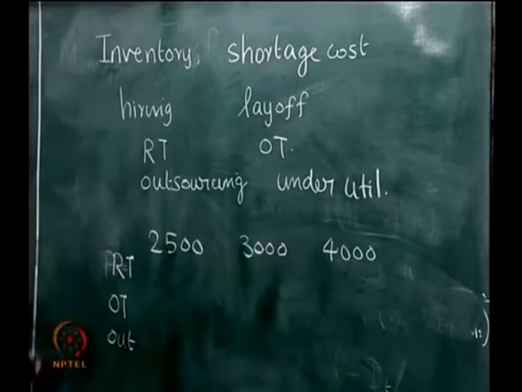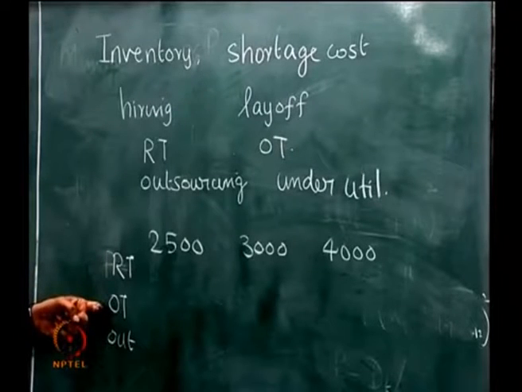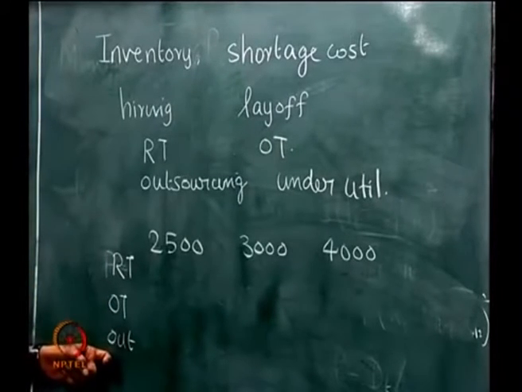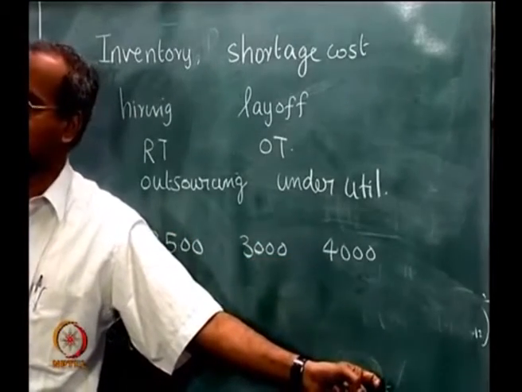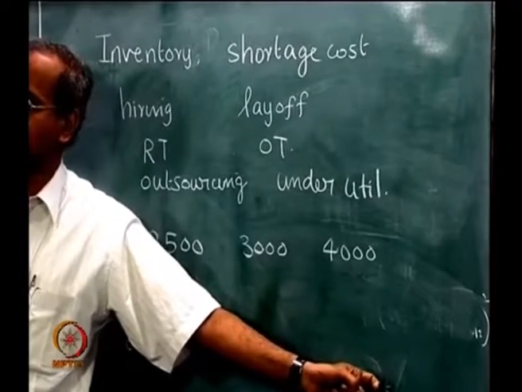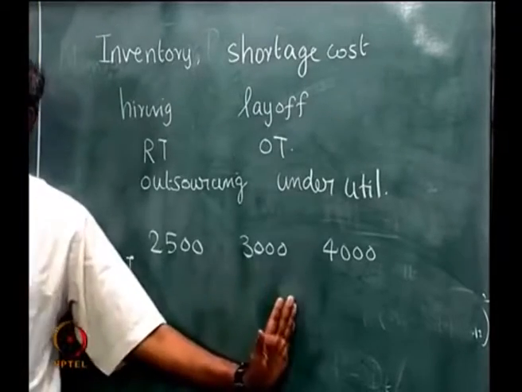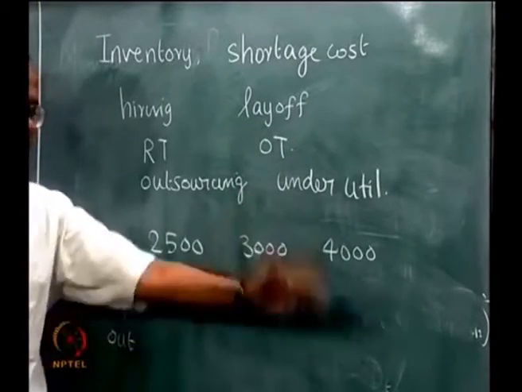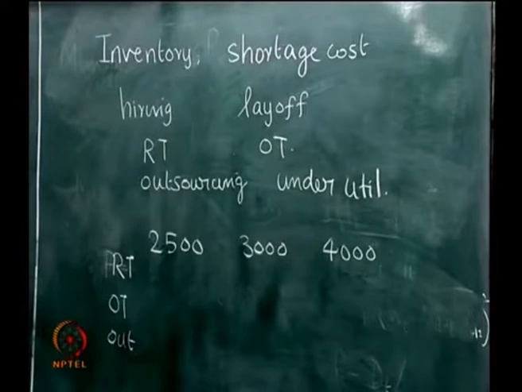Suppose the regular time production capacity is 2000, there is a 1000 capacity, there is a 500 capacity, then only 3500 is the maximum that we can reach here. So, we cannot follow the pure strategy. It also means that somewhere here we have to produce, store the inventory and then use it for subsequent periods, so that we can meet the demand of the subsequent periods.